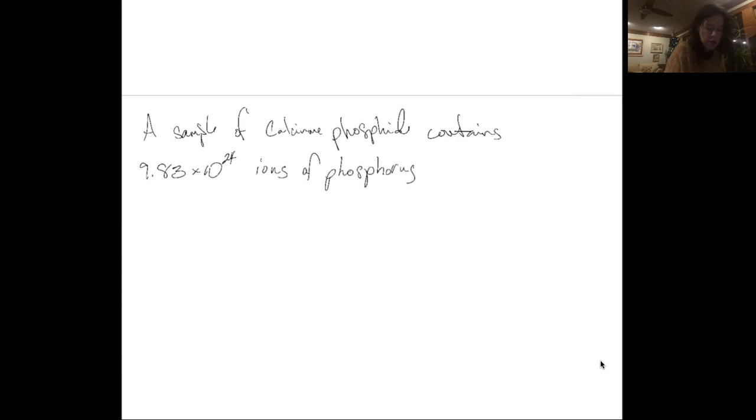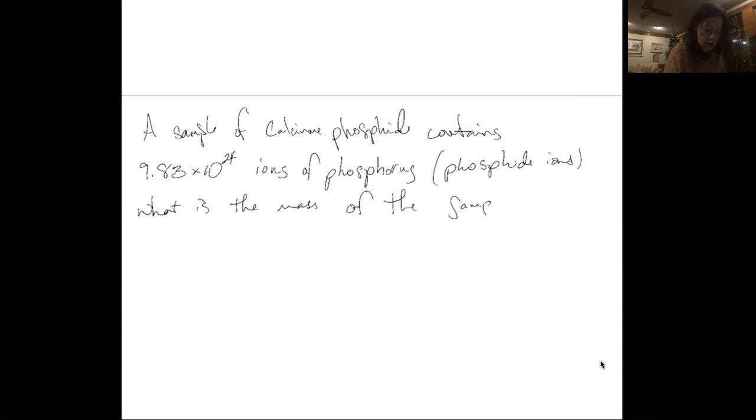Phosphide ions would make sense, right? If you want to write that, that would read better. What is the mass of the sample?